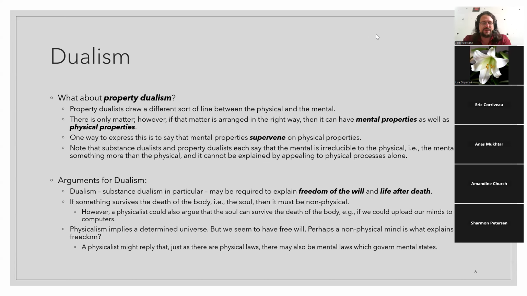If something survives the death of the body, like the soul surviving the death of the body, well, the soul must be non-physical. So that could be an argument for dualism. Or not an argument, but an appeal toward dualism.